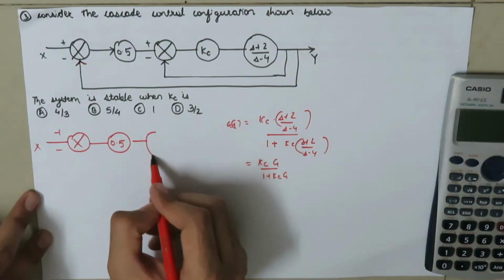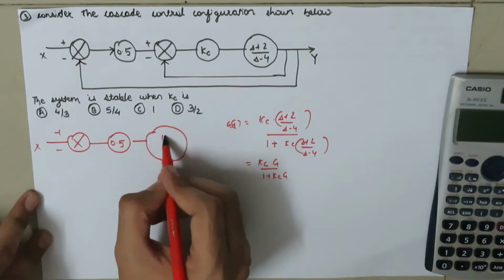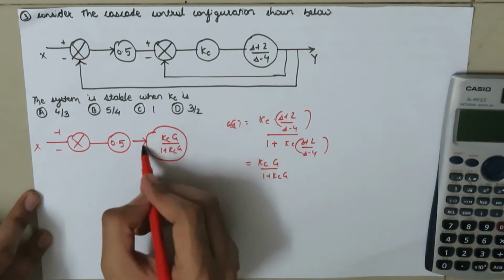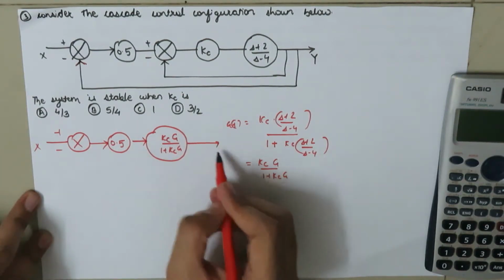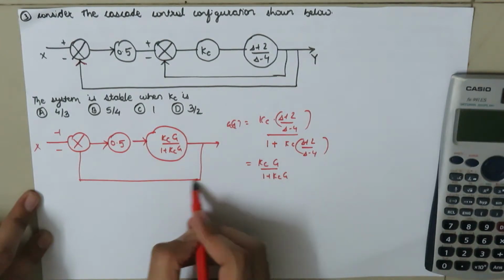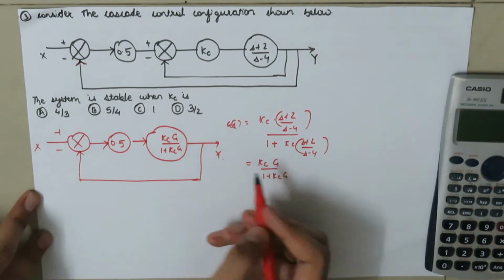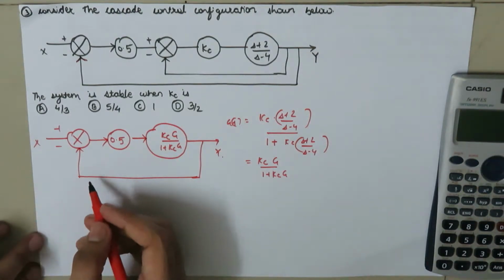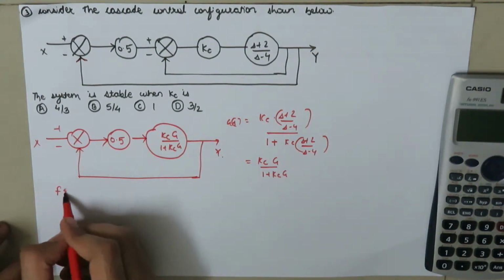So this will be another transfer function. So Kc into G upon 1 plus Kc into G. And here we have our closed loop configuration. And now we are going to find the value of Kc for this. So again we can write this as, let us say that this is F(s).